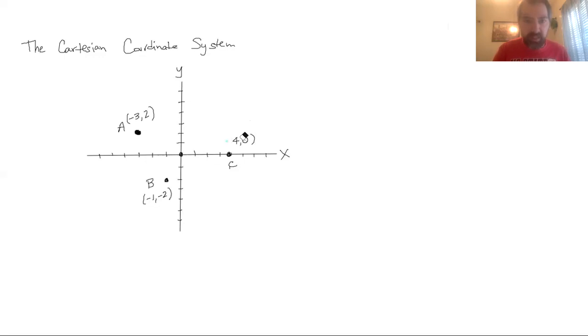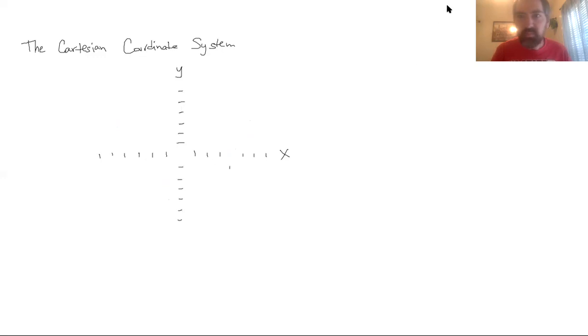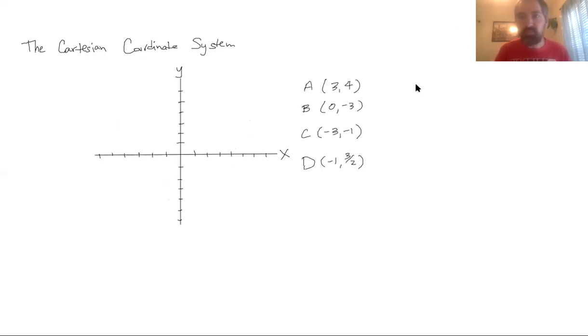All right, let's play another game here, where I will give you the ordered pair and you will plot that point on the Cartesian coordinate system. All right, and here are the 4 points that you will be plotting.